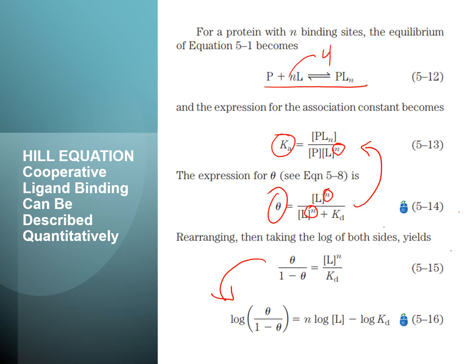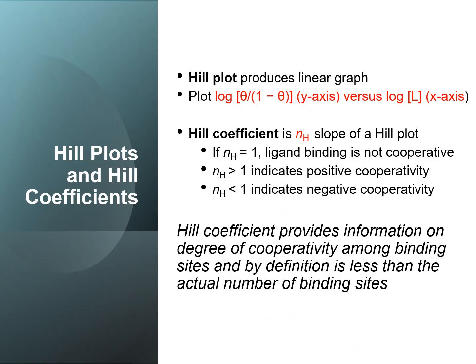The Hill equation says the log of theta over 1 minus theta equals N log ligand concentration minus log Kd. You might notice this is in the form y equals mx plus b, with m representing the slope, or the number of ligand binding sites. The reason this produces a linear graph is y equals mx plus b, with our y-axis being log of theta over 1 minus theta, whereas the x-axis is the log of the ligand concentration.